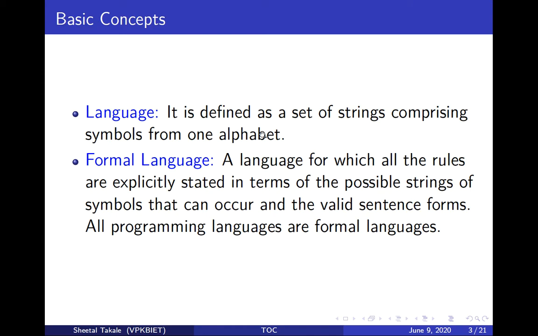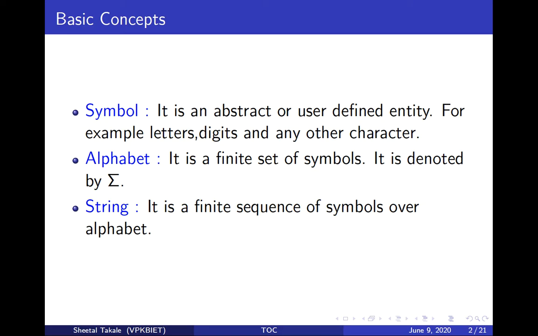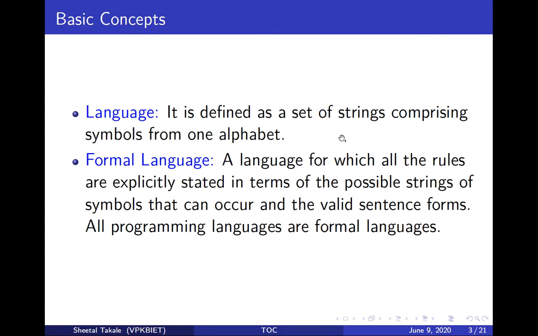So this is how we have defined a language comprising symbols from the alphabet where symbols are 0 and 1, and these strings are combinations of zeros and ones such that the number of zeros is even. So these are four terms: symbol, alphabet, string and language.